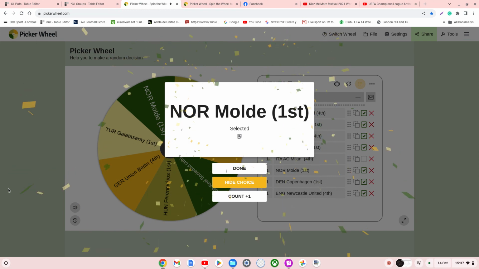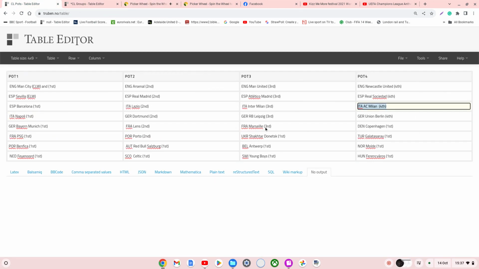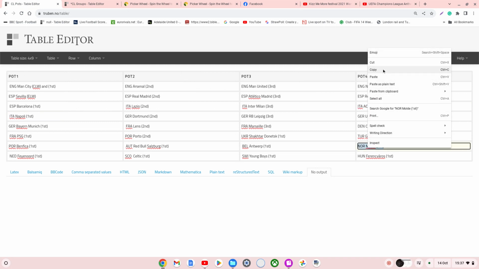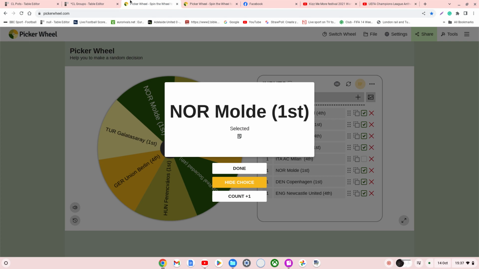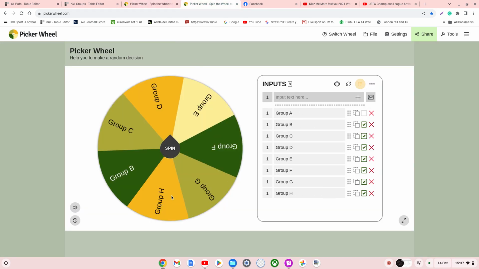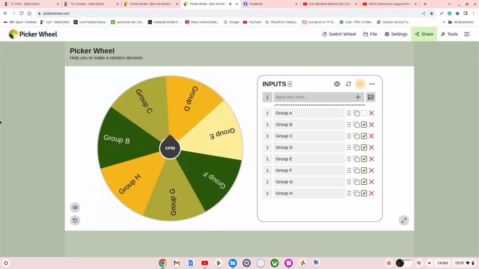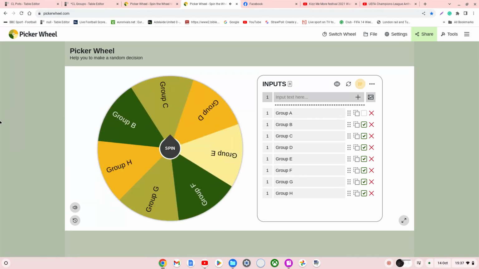And it's Molde from Norway. And they are the first Norwegian team. So they can go anywhere they want. They have all 7 options: B, C, D, E, F, G, or H. See where they're gonna go.